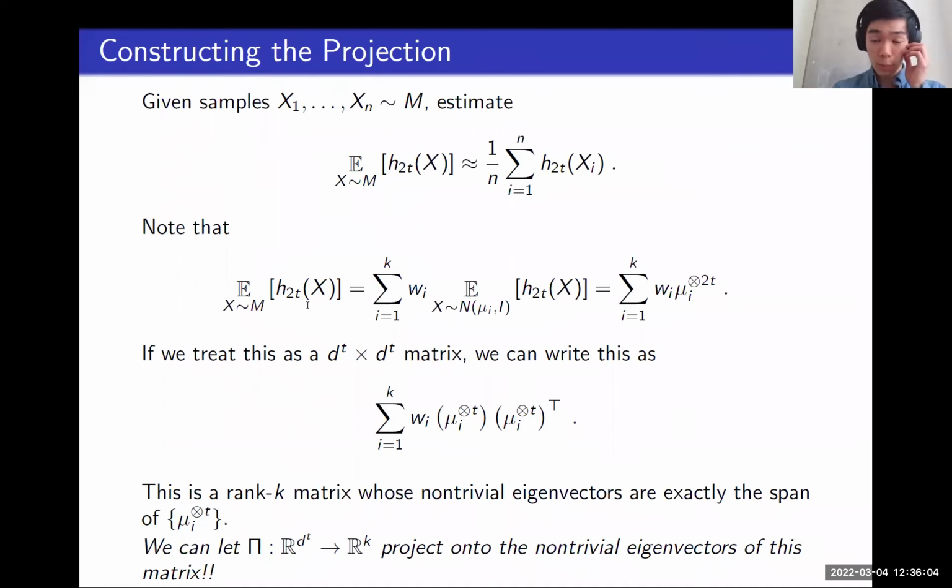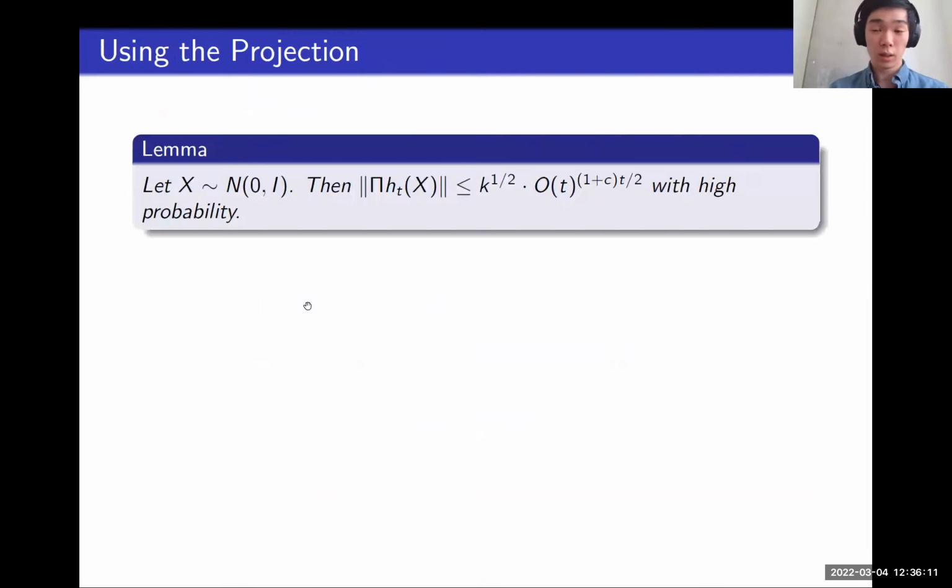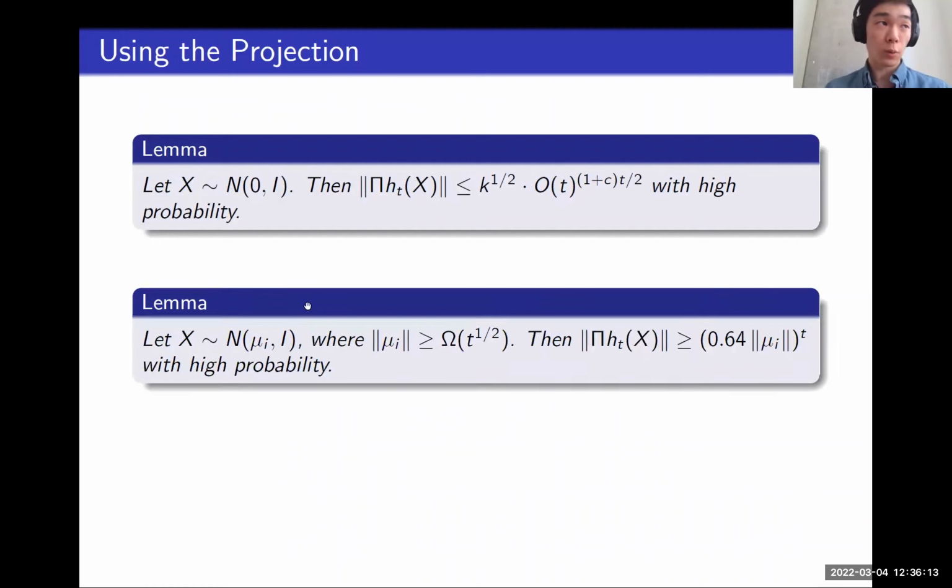Okay, so if you grant me that I've now computed this matrix, then we can use the projection to run a test as follows. Before, we had two lemmas: for samples from a mean zero component, the Hermite polynomial is upper bounded, and for samples from a component with mean separated from zero, the Hermite polynomial is lower bounded, right? Using those two observations, we can prove two facts about the projection.